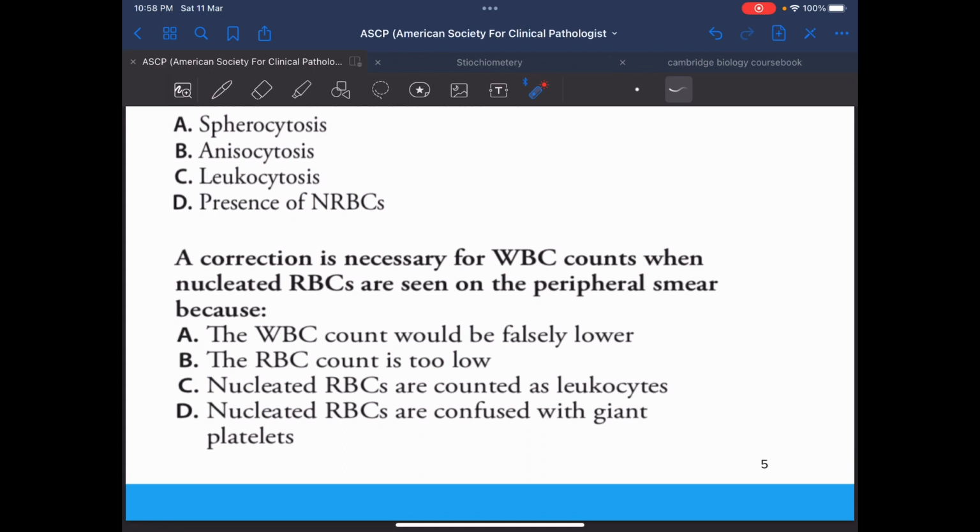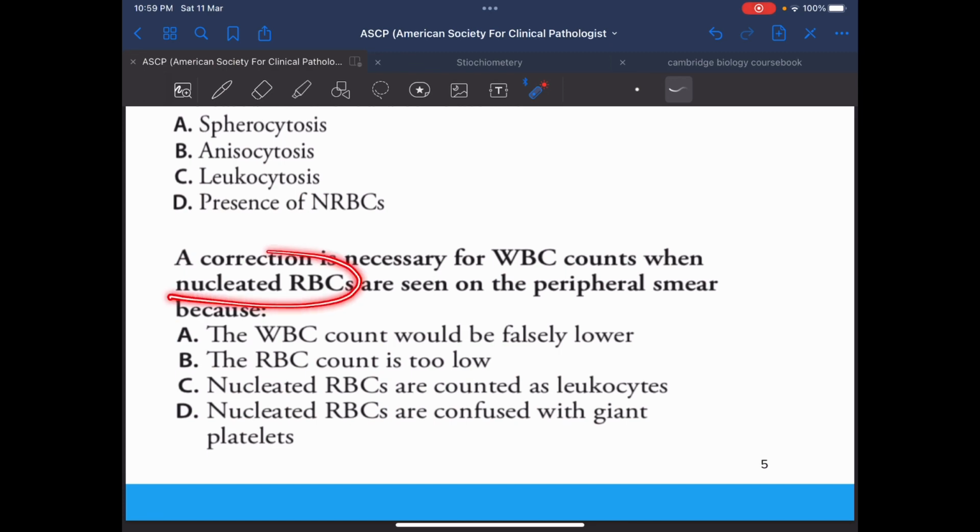Next question. A correlation is necessary for white blood cell count when nucleated RBCs are seen on the peripheral smear because the white blood cell count would be falsely lower, the RBC count is too low, nucleated RBCs are counted as leukocytes, or nucleated RBCs are confused with giant platelets.